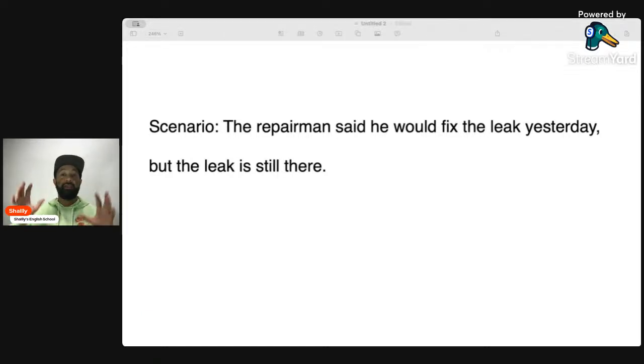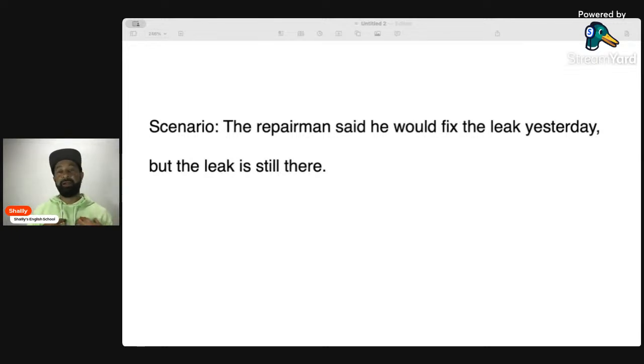For example, if you're looking at your kitchen sink, your bathroom sink, there are many pipes that bring the water to your house, brings the water to the sink. Now the pipe, if there is a hole in the pipe, the water is going to come out little by little. That's called a leak.